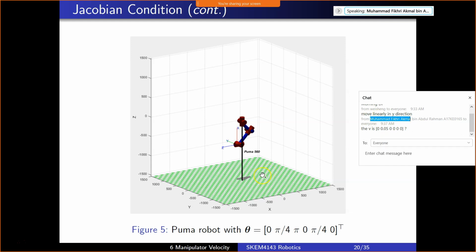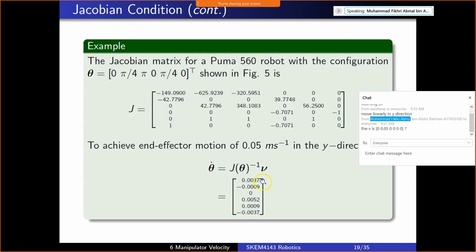The answer for page 19. How the V is 0 and 0.1 and 0.000. Yes, exactly. Okay, good. Yeah, you asked me that question, Fikri.